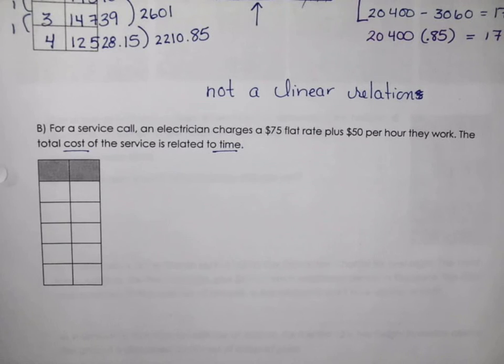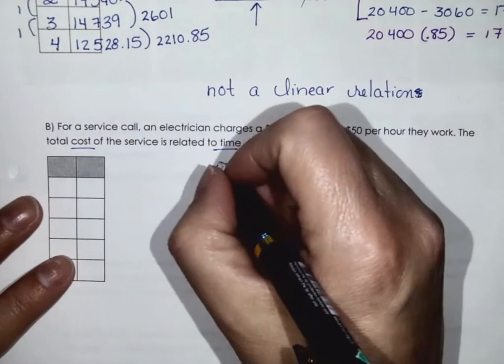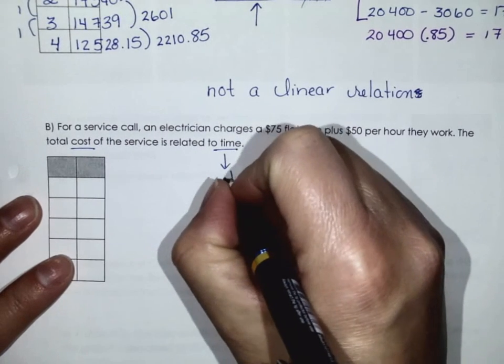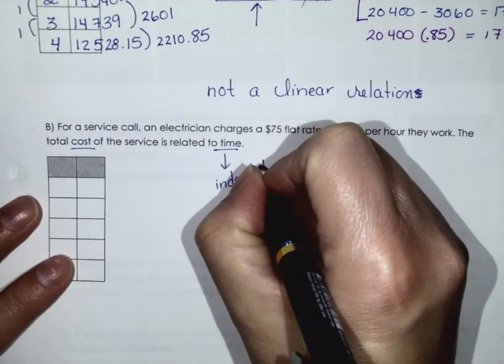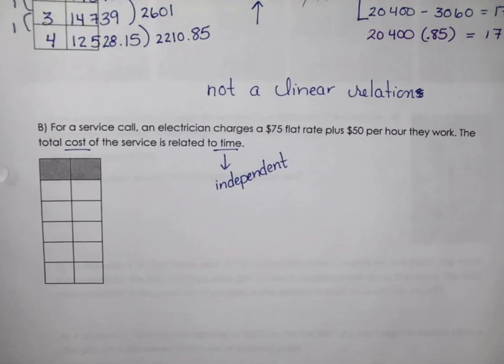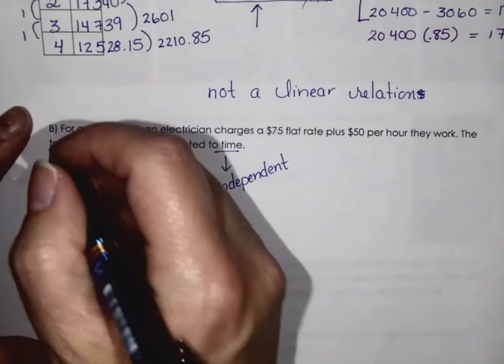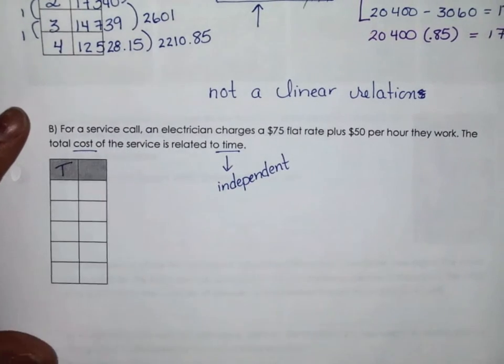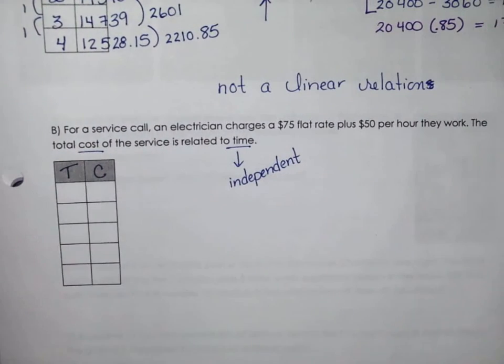Time is independent, because the electrician is going to charge you a certain amount based on how long they're at your house fixing your wiring. So time is independent. So T for time and C for cost.